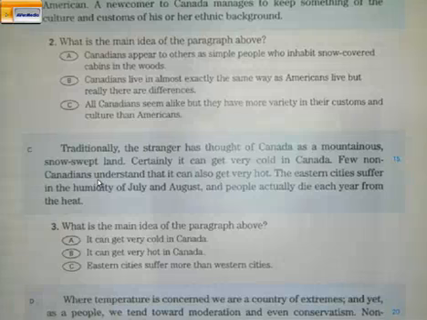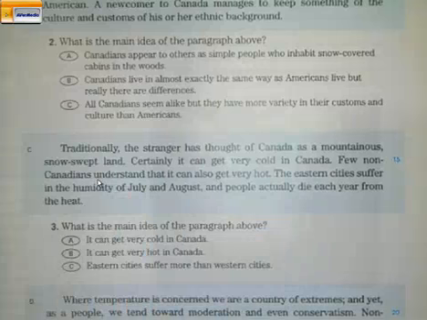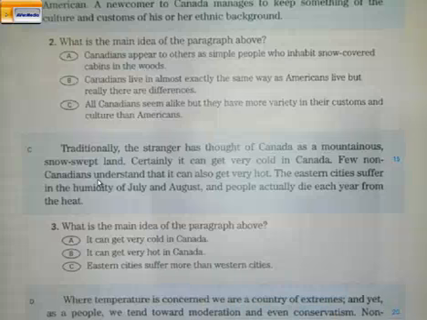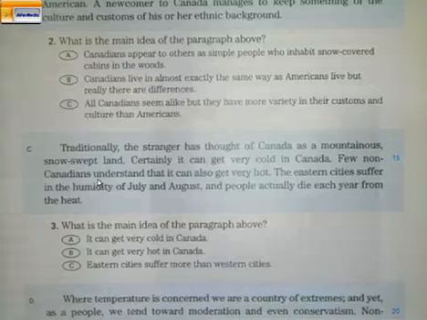So I'm supposing that you have read these 4 or 5 lines, and the main idea of the paragraph above: it can get very cold in Canada, it can get very hot in Canada, eastern cities suffer more than western cities. And again, this question is not so well written. Why?